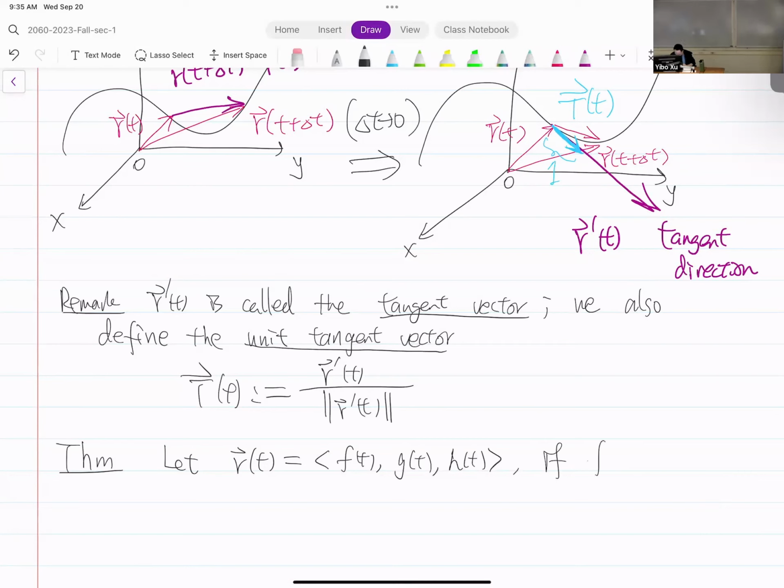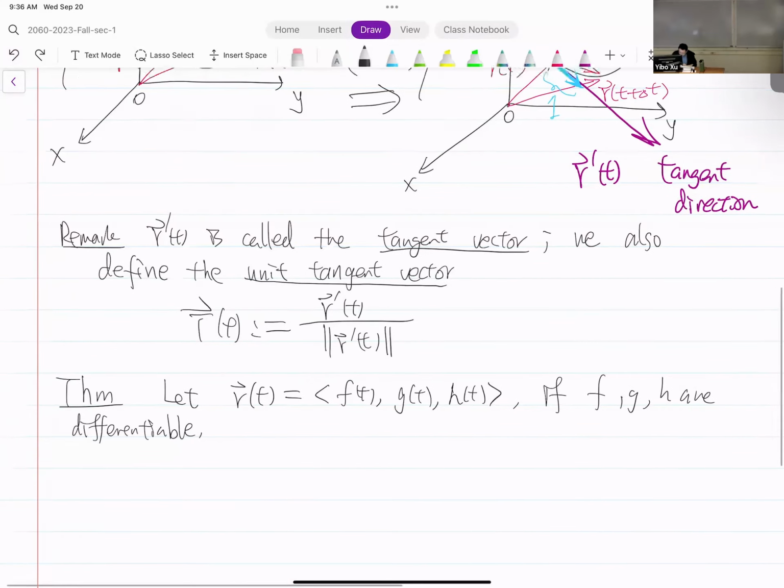If f, g, and h are differentiable, then the derivative function r prime is just the component-wise differentiation of the original vector function.